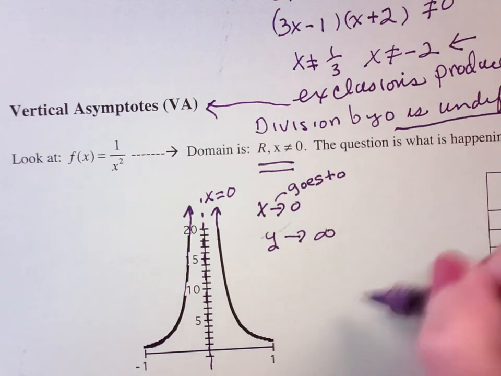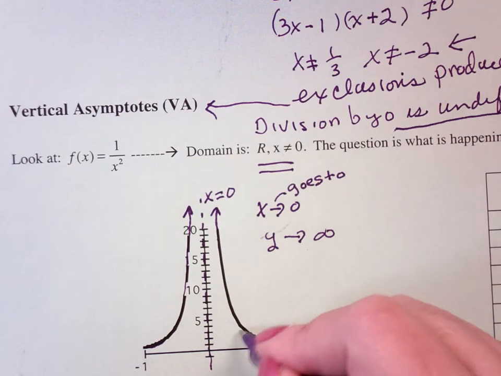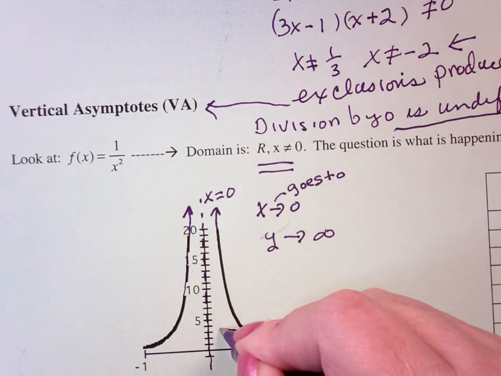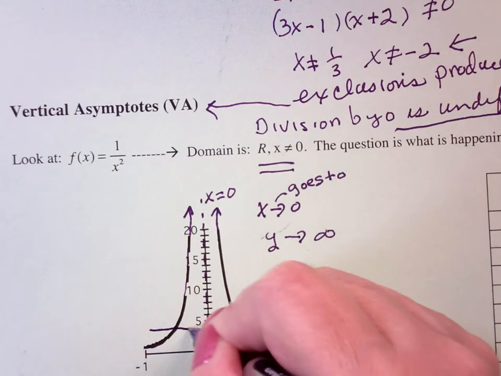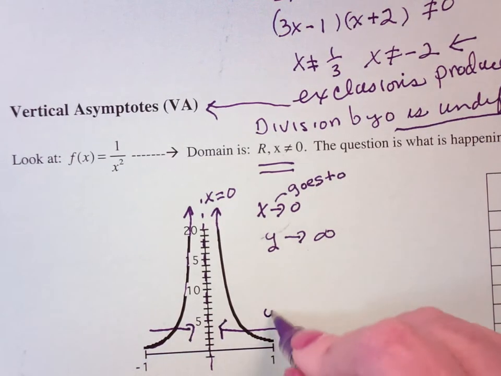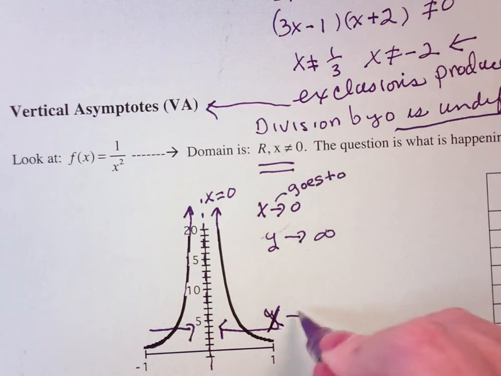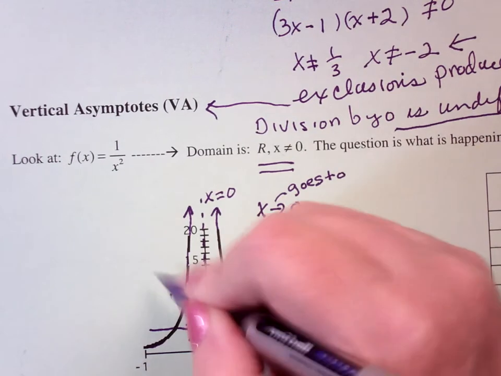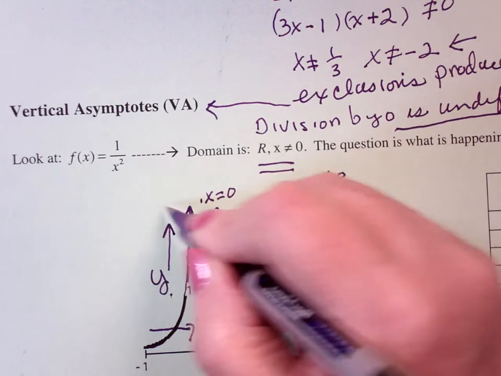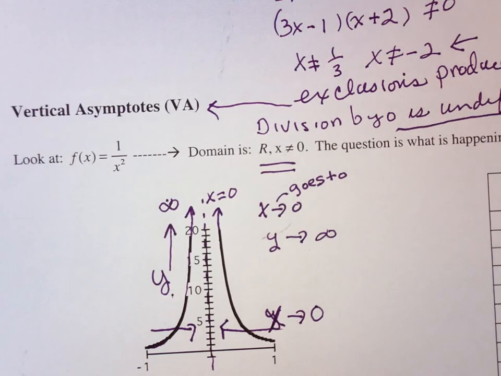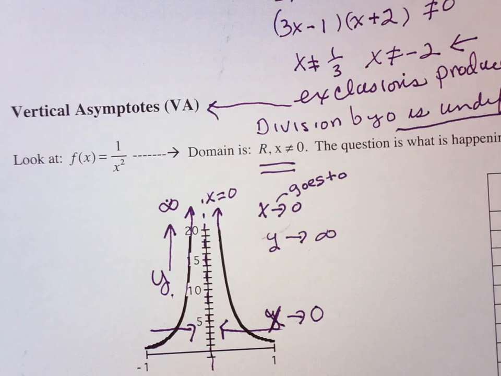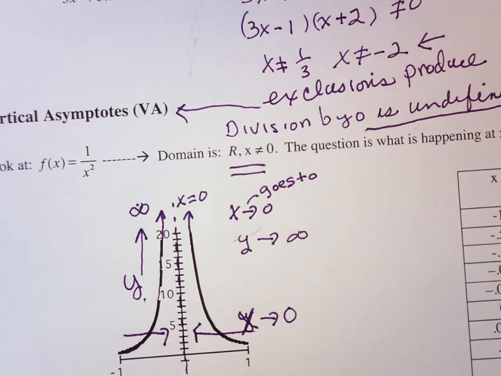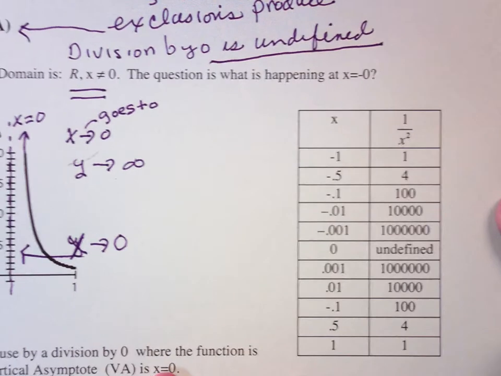So x is coming in and getting closer and closer to 0, and I notice that y is going up. Y is going to infinity. The closer I get to 0, the bigger y gets. And if you really want to take a look at the table that would generate that picture, here's the table.